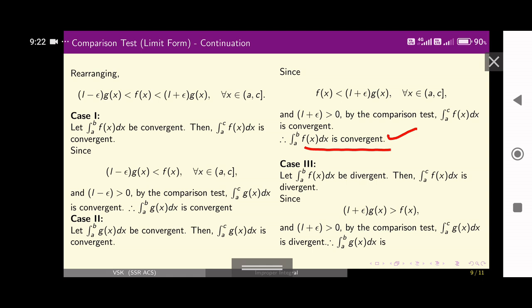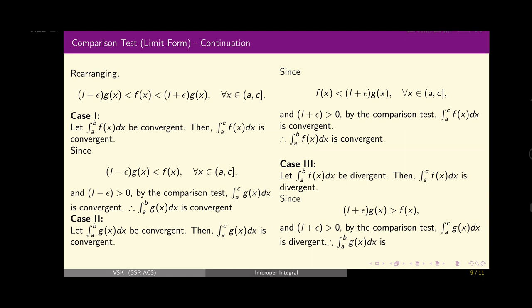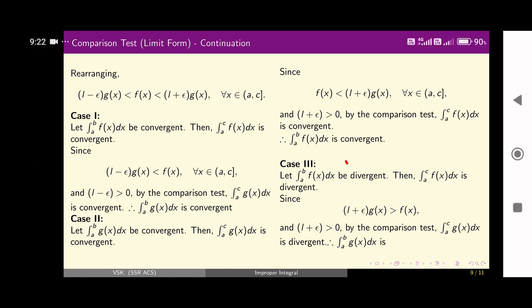Now let us see case number 3. If the integral from a to b of f(x) dx is divergent, then the integral from a to c of f(x) dx is also divergent. And since (L plus epsilon) g(x) is greater than f(x), we are using this part now.